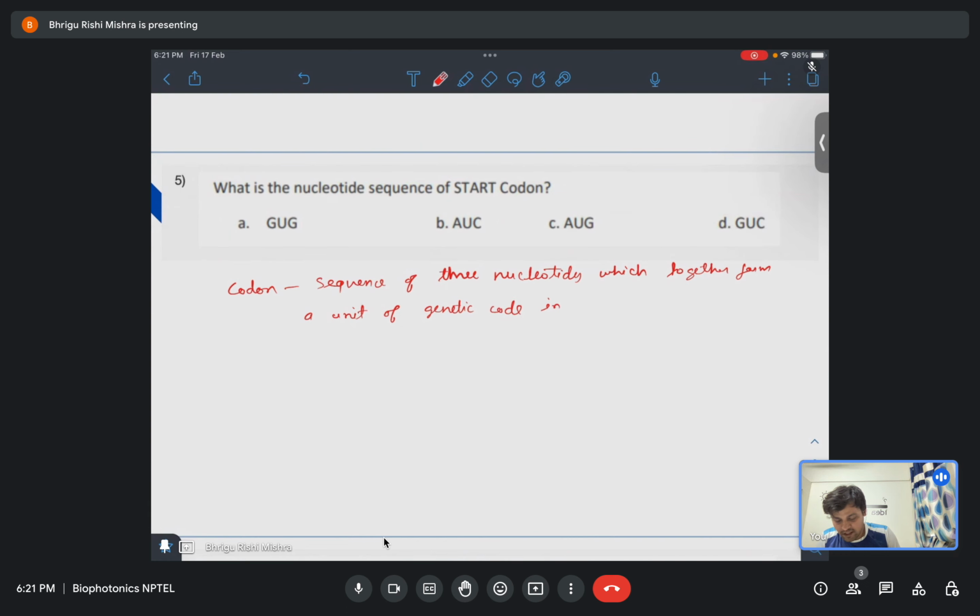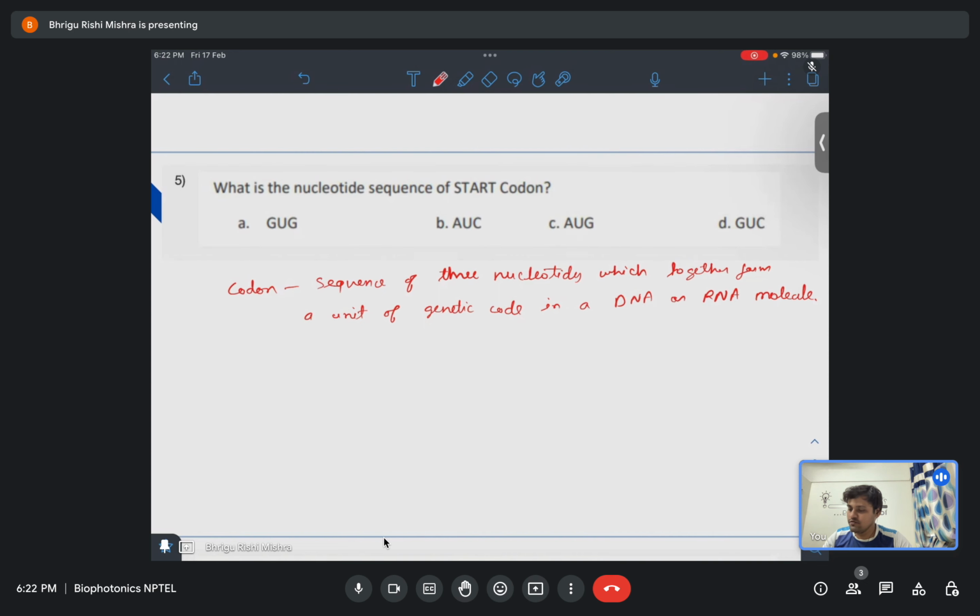They basically indicate whether the translation should begin or cease.